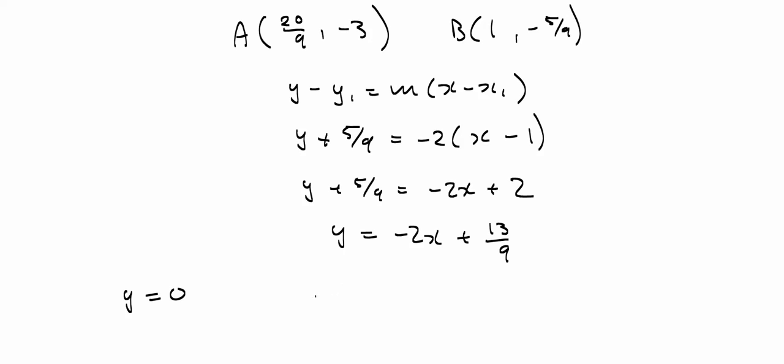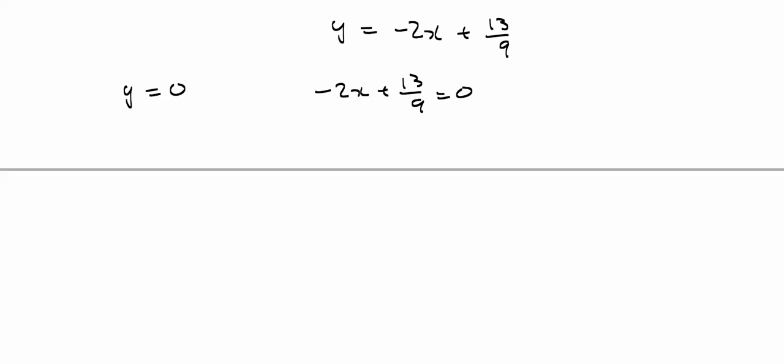So we'll have minus 2x plus 13 over 9 equals 0. So x equals 13 over 18. And it crosses the y-axis when x equals 0, or y equals 13 over 9.